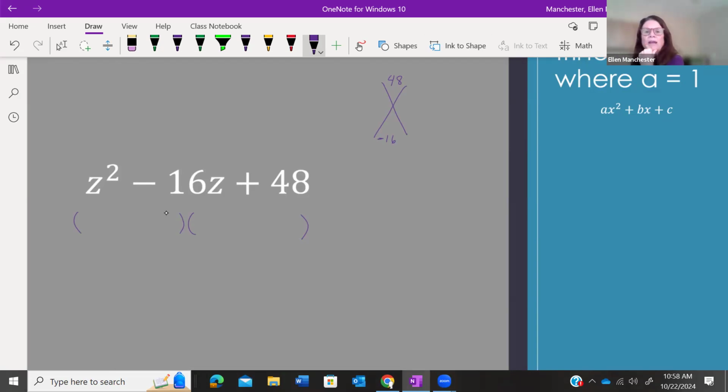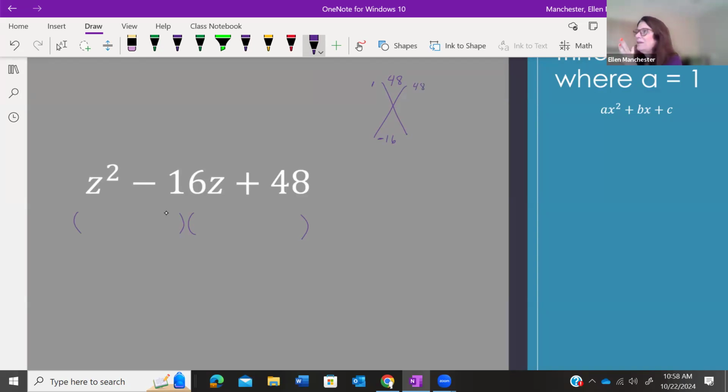The only way to get a positive 48 is a positive times a positive or a negative times a negative. If I'm adding to get a -16, a positive plus a positive gives me positive, a negative plus a negative gives me a negative. So I know both factors are going to be negative. So I have 1 and 48.